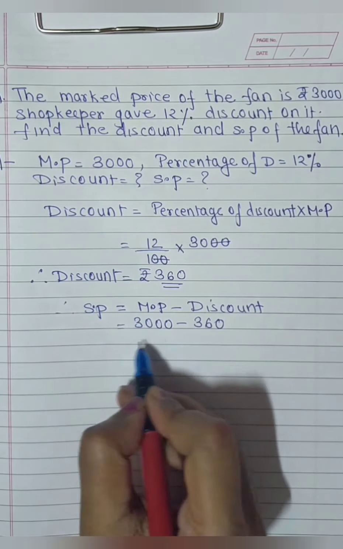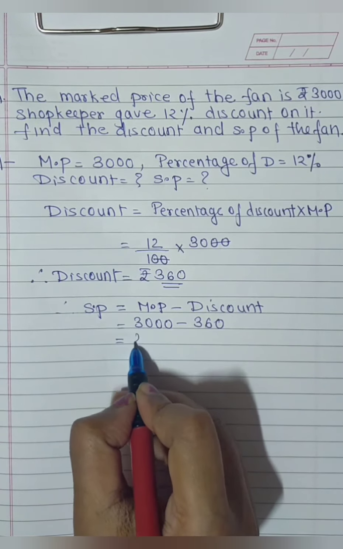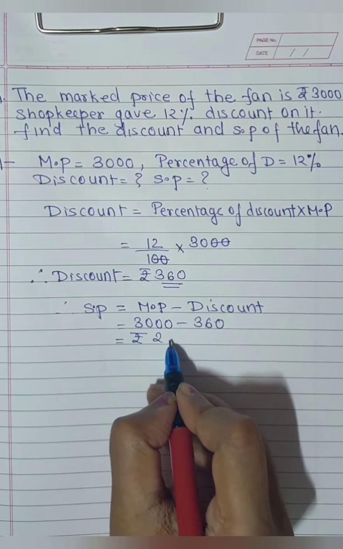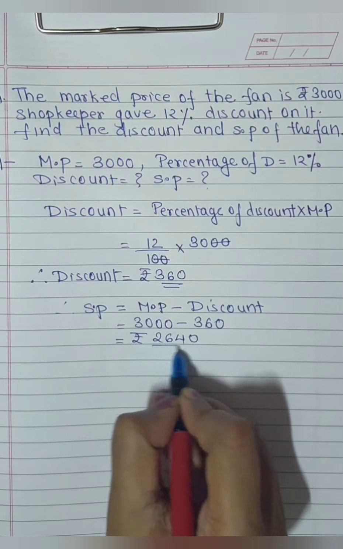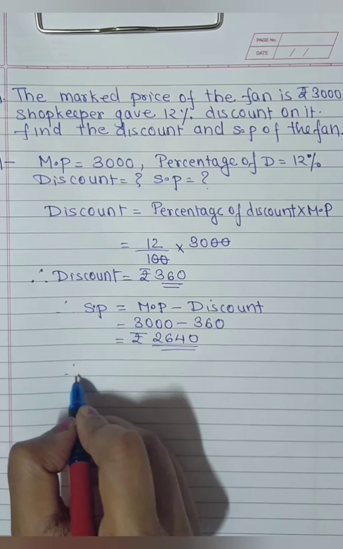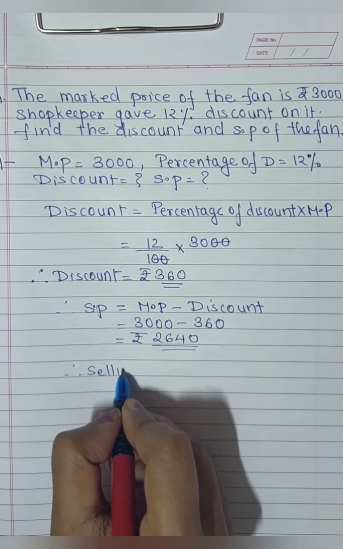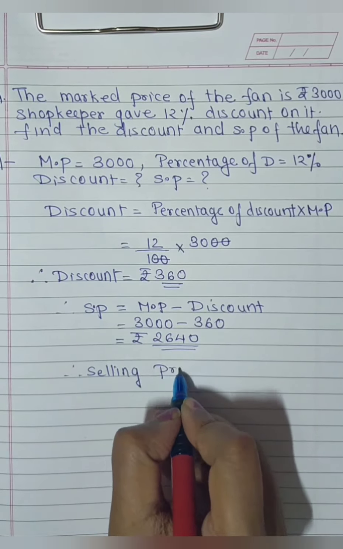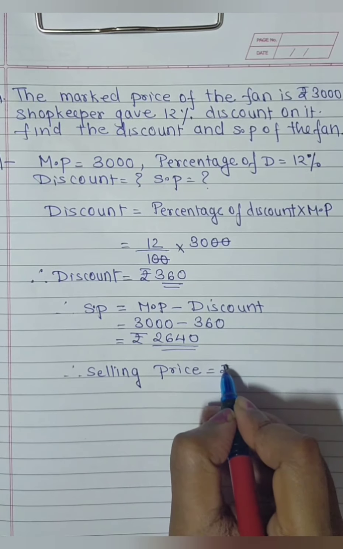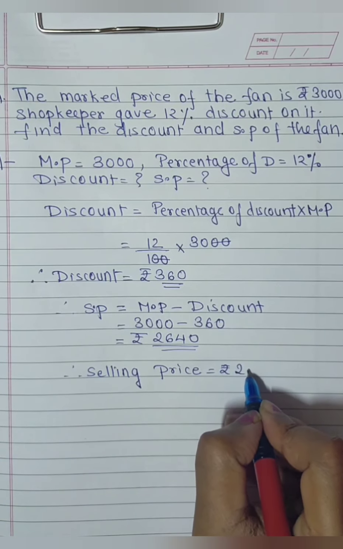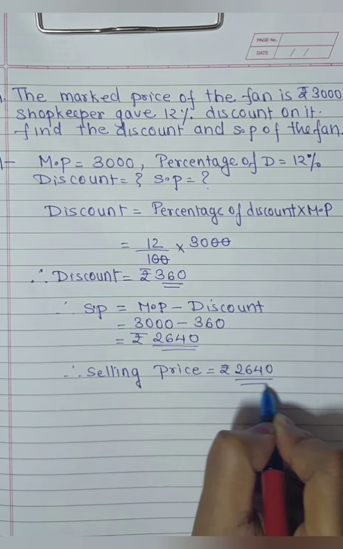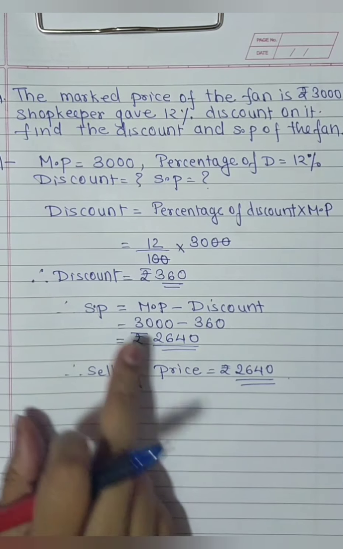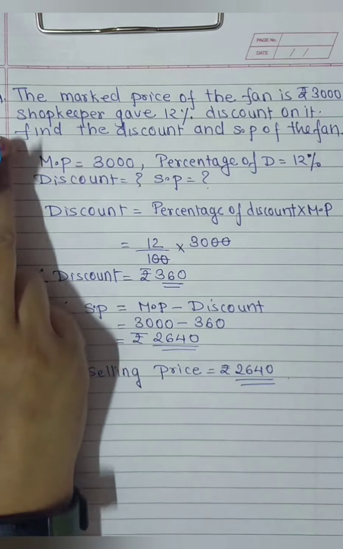After subtracting these both, we'll get rupees 2640. So therefore selling price we got rupees 2640. We have found the discount and selling price of question number 4.